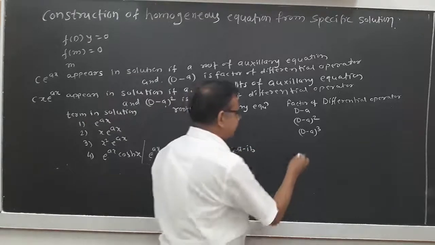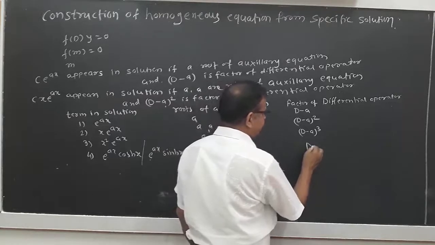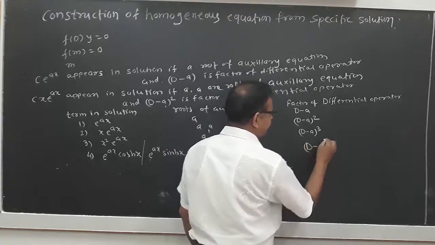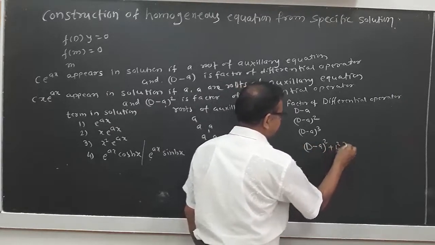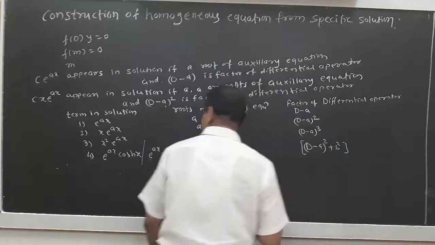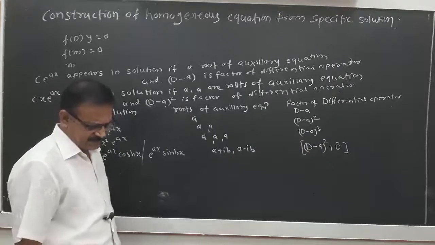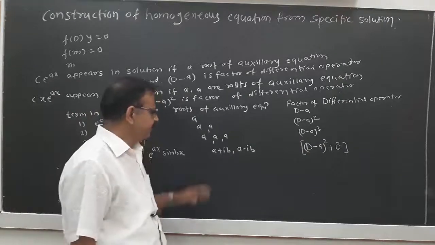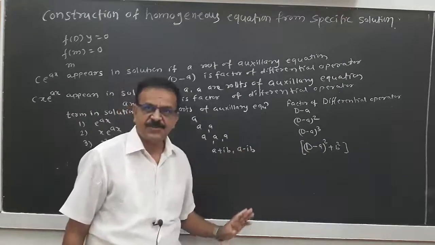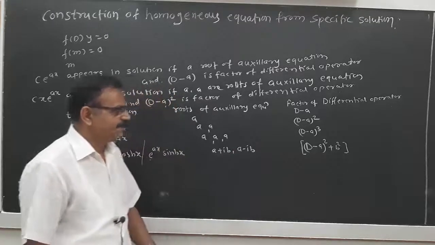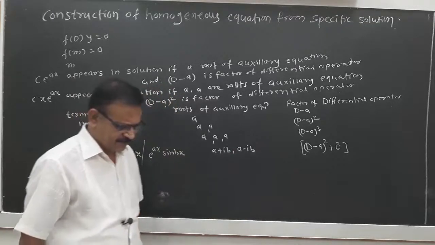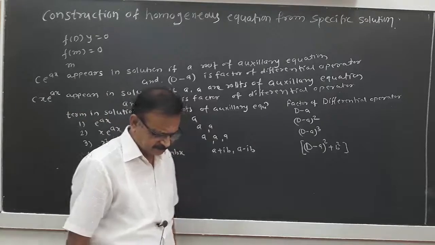Here the factor of the differential operator is (D minus a) squared plus b squared. So these terms appear if a plus ib and a minus ib are roots of the auxiliary equation, and (D minus a) squared plus b squared is a factor of the differential operator.